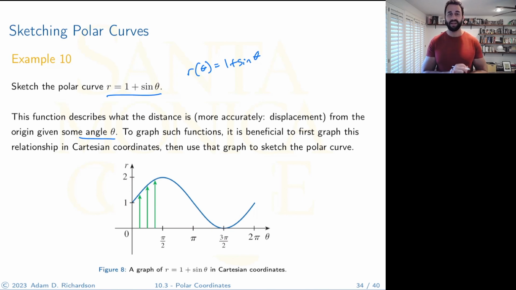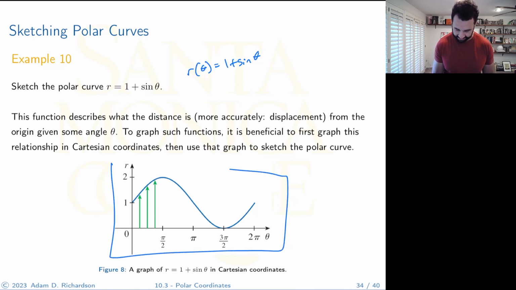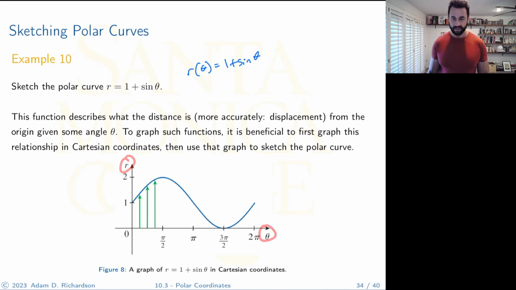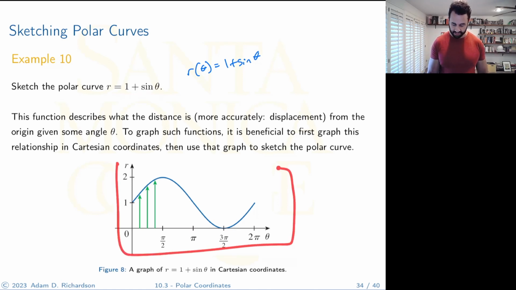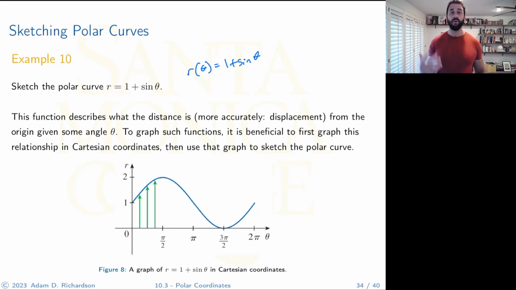Well, it's really handy to first graph it in Cartesian form. Look at the axis labels. Here's r and here's theta. What we're going to do is take this equation and write it in a rectangular form, and then use the resulting graph to inform how to draw our polar graph.